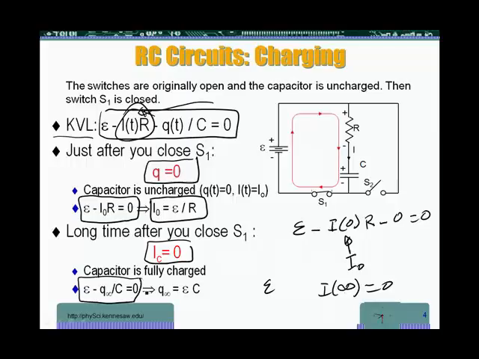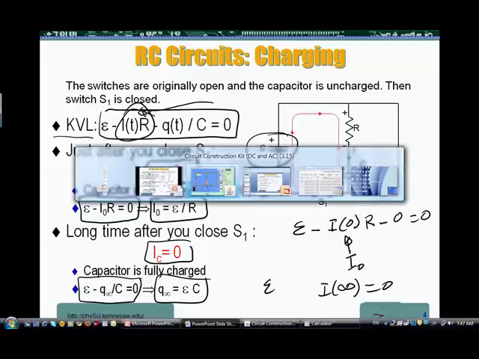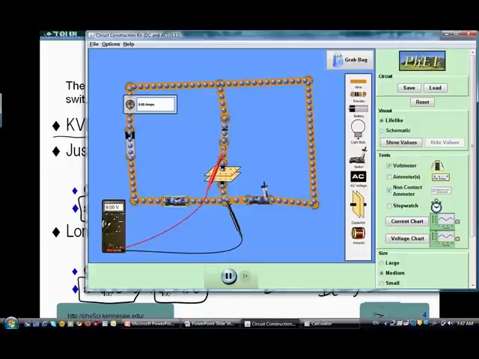So Q at infinity is then simply the voltage of the battery times C. The voltage across the capacitor is just the voltage of the battery, like we have noticed in the circuit. It is 9 volts now.